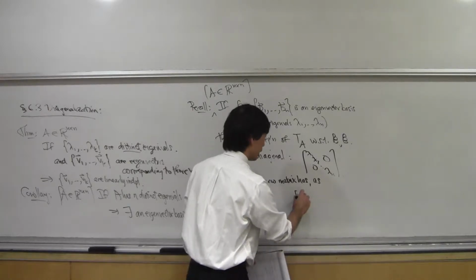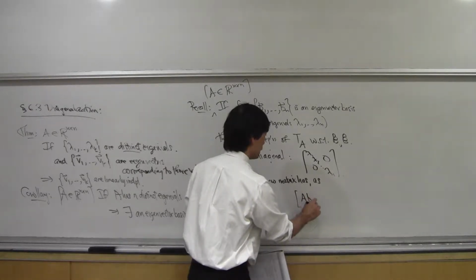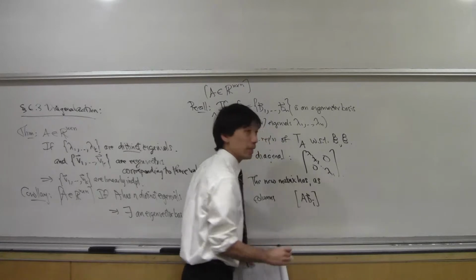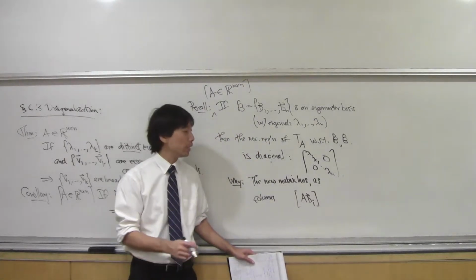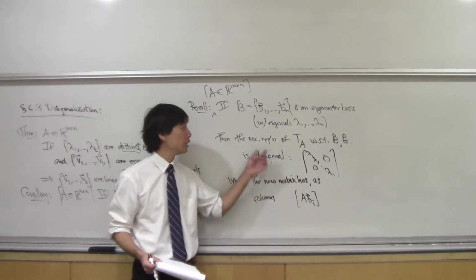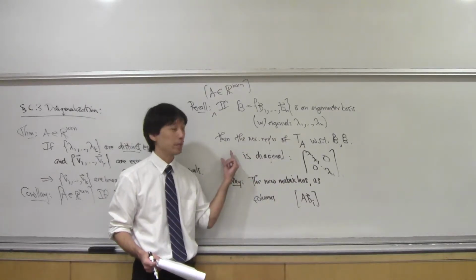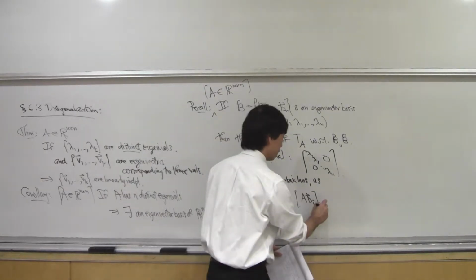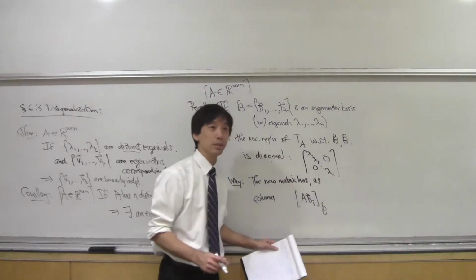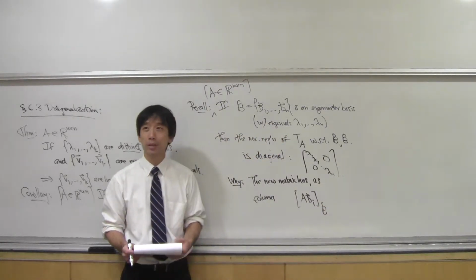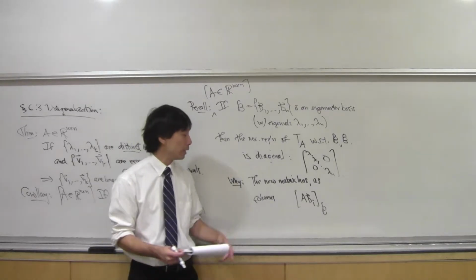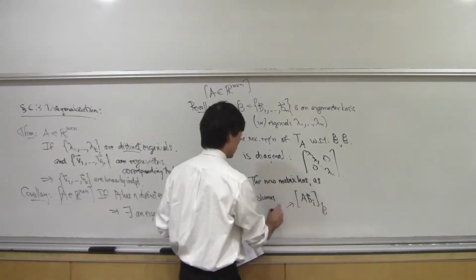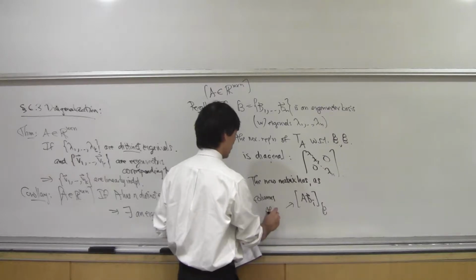Well, you take A times the ith basis element. You let the transformation act on the basis elements, and then you take the coordinate vector with respect to that basis. This is the ith column.